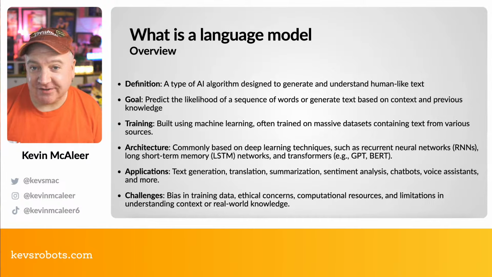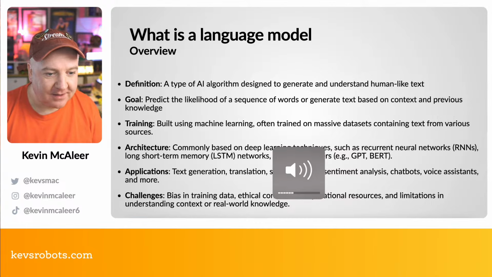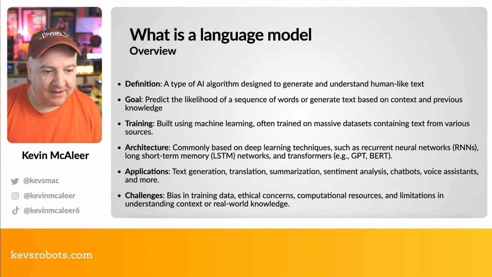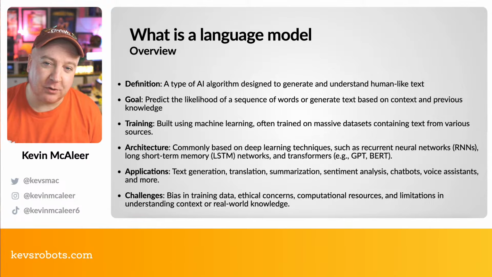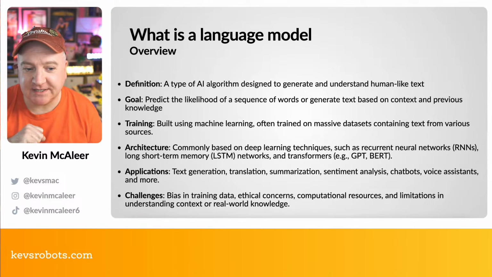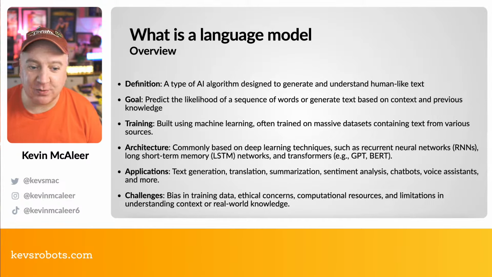And applications of this, so obviously we can have text generation, we can have translation, we can have summarization, which is pretty cool. You can get a big block of text and have the thing summarize it for you. Sentiment analysis, that was some of the first stuff I looked at with Twitter back in the day.